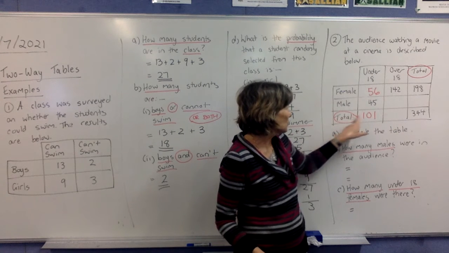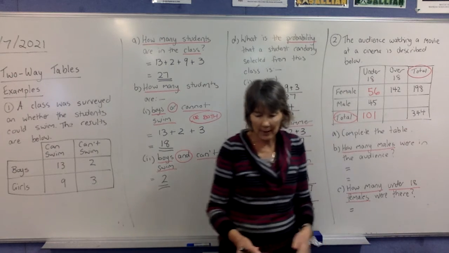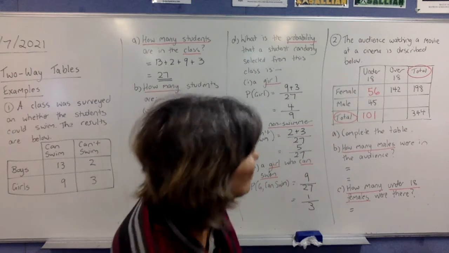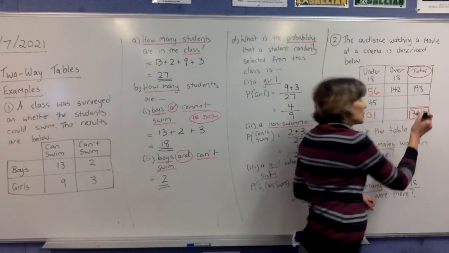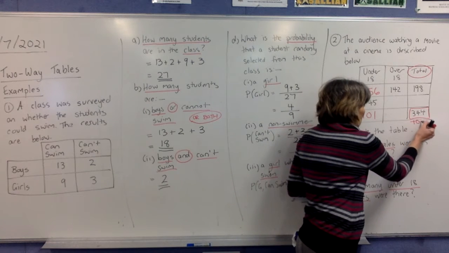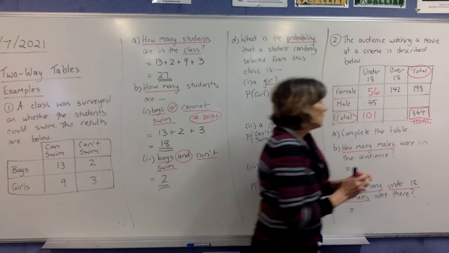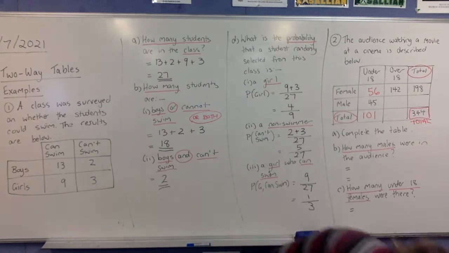So this is the totals we're looking at. So we've got 344, and that is our total of people all together. That's the total number of people sitting in the movie. So all the people sitting in the movie, there were 344 people.